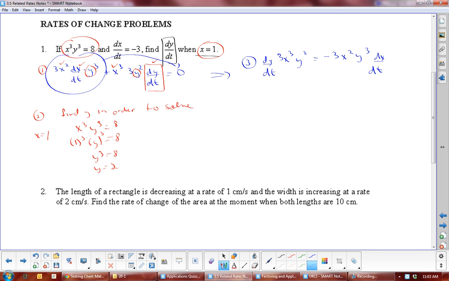Now I'm going to divide this out of both sides. So dy over dt equals negative 3x squared y cubed dx dt all over 3x cubed y squared.